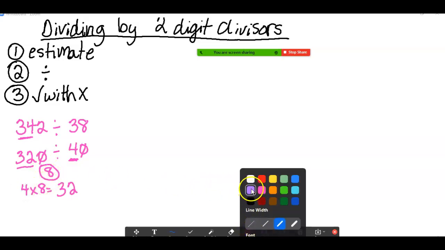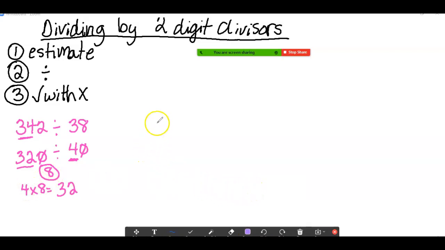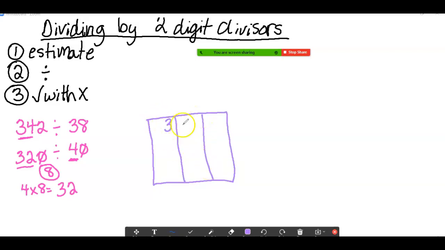Next thing I want to do is to divide. So this is a 3-digit dividend. So I'm going to make a 3-digit box for 342 divided by 38.